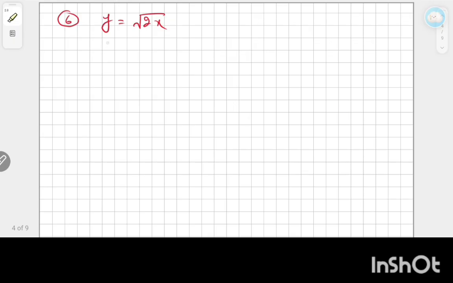First of all, take the derivative on both sides, d of x, and here is 2x. What is the power of a square root? The square root power is 1 by 2. We know that, it's very easy.